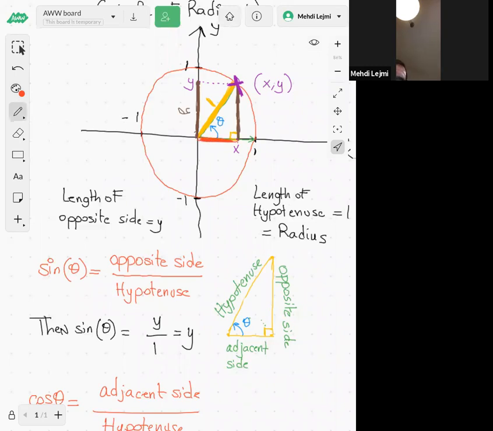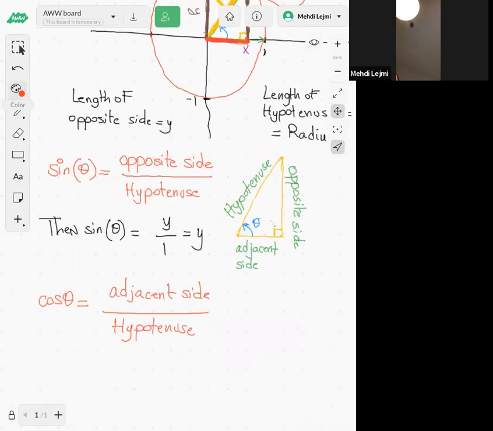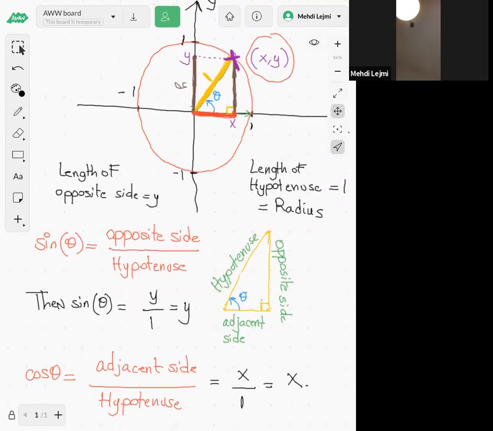And the length of this side is equal to x, the x coordinate of my angle theta. So the length of the adjacent side is equal to x, and again over the hypotenuse, which is 1, because it's a unit circle, so that's x over 1, that's equal to x. So you should think of cosine of theta as the x coordinate of your angle.